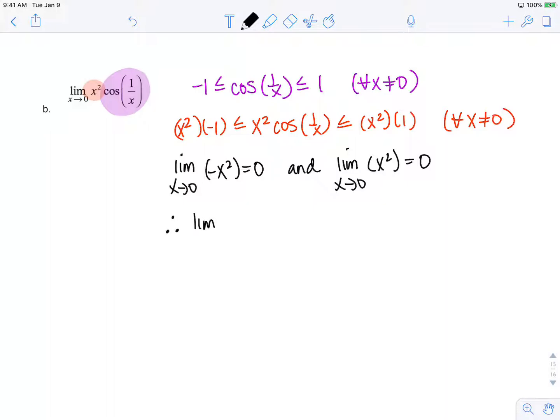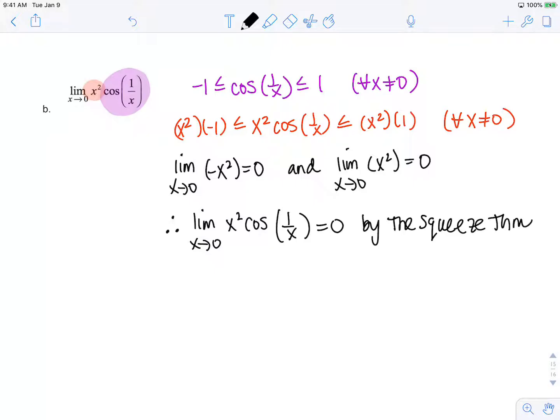Therefore, the limit as x approaches 0 of x squared times cosine of 1 over x must equal 0 by the squeeze theorem. And remember, that is only true for all x not equal to 0. So we can use the squeeze theorem to evaluate some elaborate limits of trig functions.